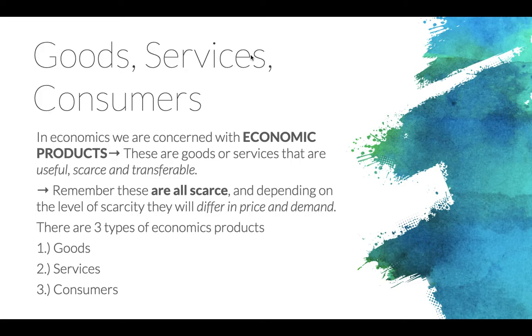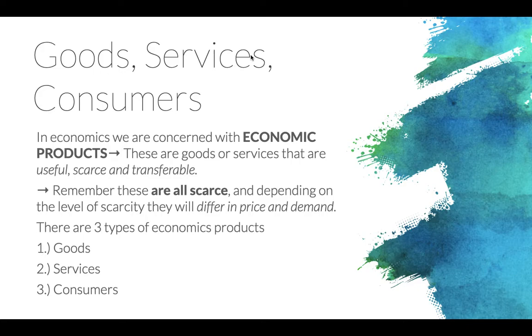Remember, all of these things are scarce, and depending on the level of scarcity, they will differ in price and demand. Think of the activity we did on Monday. The ruler, there was only one ruler, so it was high in demand, whereas paper clips, there were a lot of them.